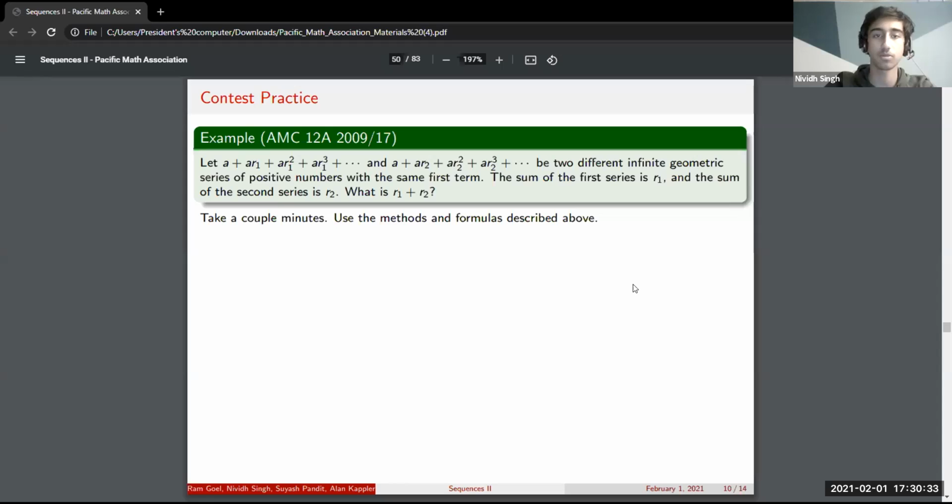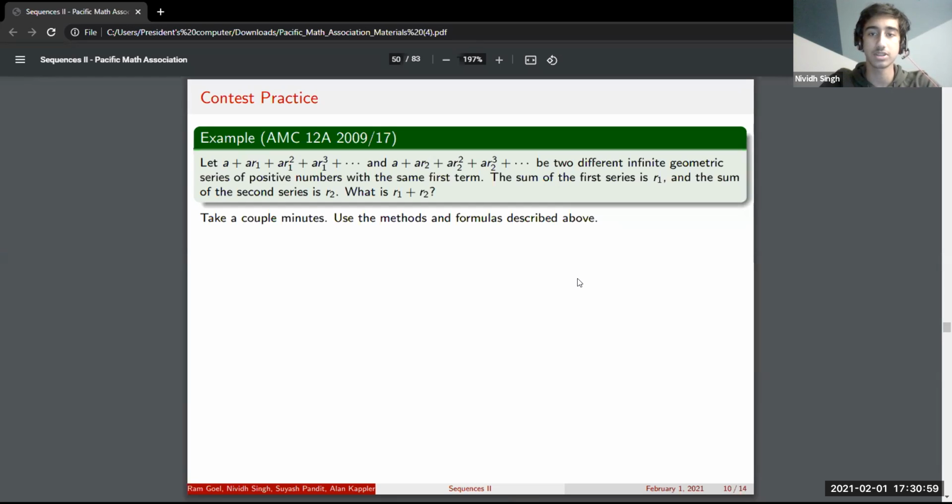All right, so now we're going to work through a contest, an AMC example. Let a plus ar1 plus ar1 squared plus ar1 cubed, and a plus ar2 plus ar2 squared plus ar2 cubed be two different infinite geometric series of positive numbers with the same first term.